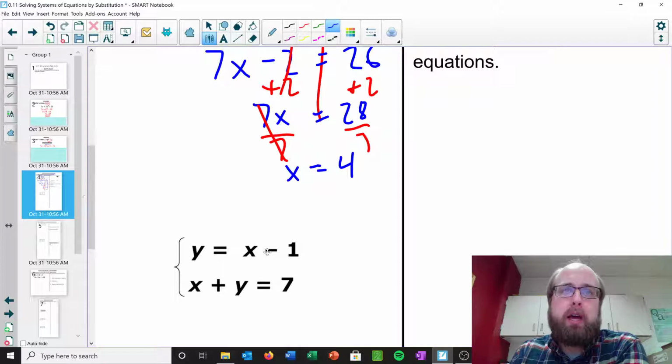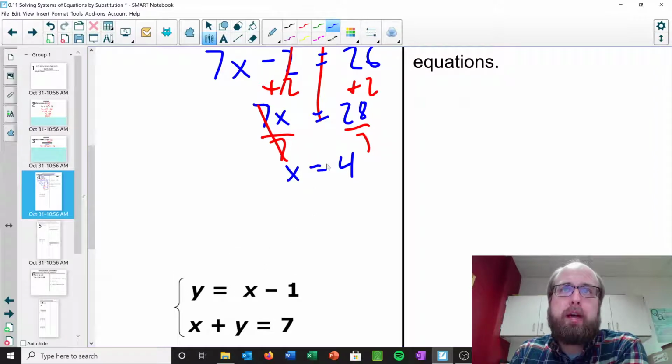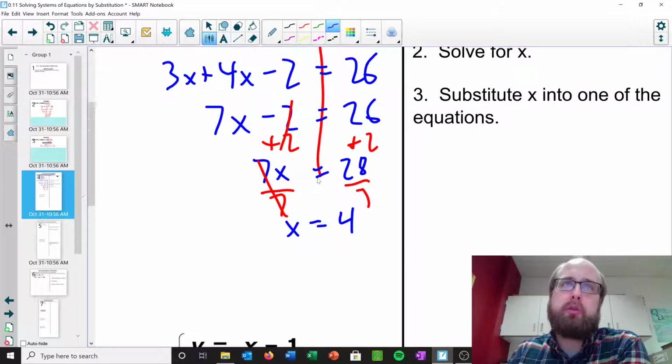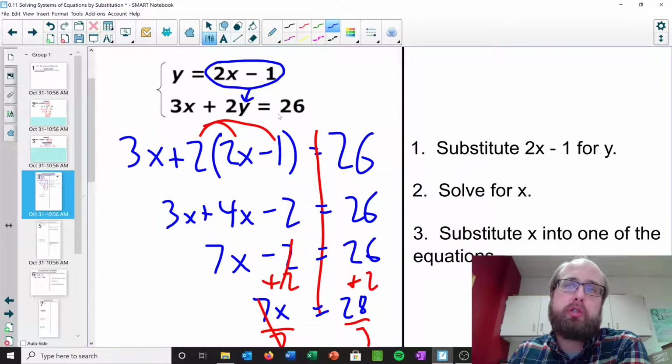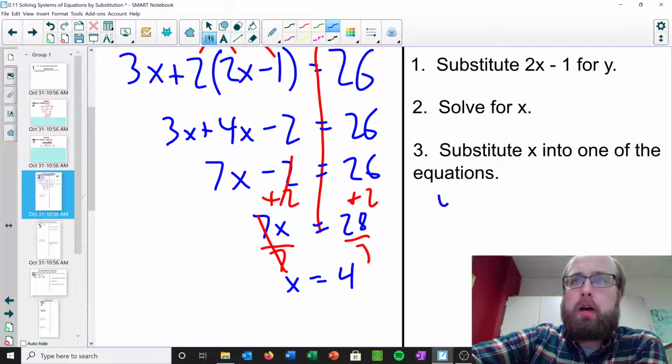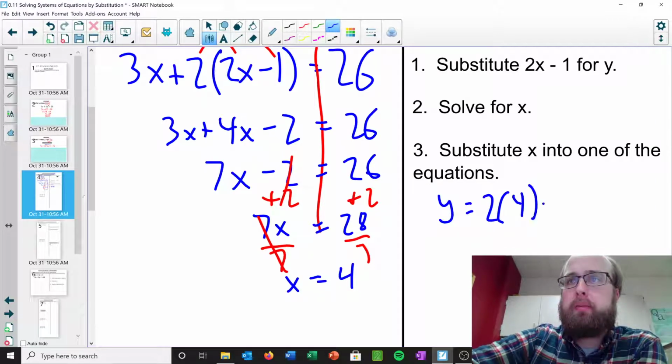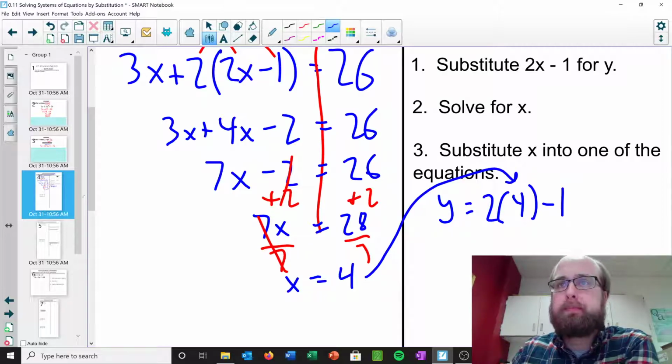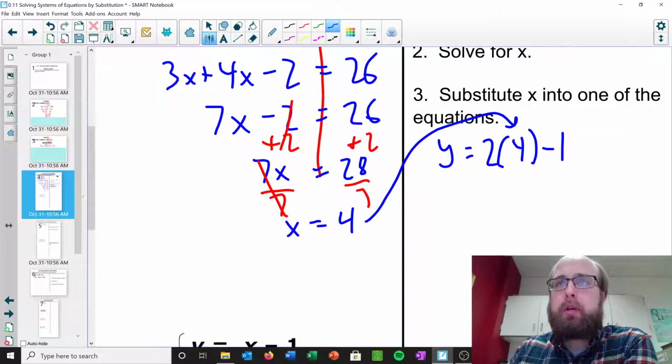And so now I know x equals 4. I'm going to plug that into this top equation, y equals 2x minus 1. And so we'd have y equals 2 times 4 minus 1, because we take that 4 and just plug it in. And then we can simplify that.